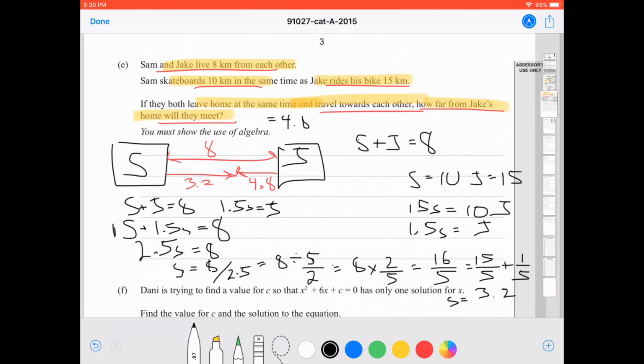So, for this question, correct algebraic expression leading to the correct solution gets you the excellence grade here. So 4.8 is the excellence. Your merit comes from combining the equation into one variable, so that's your simultaneous equations work.